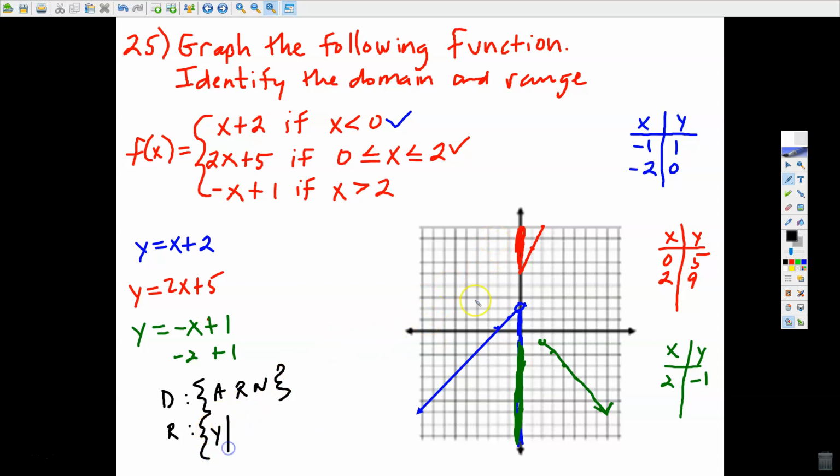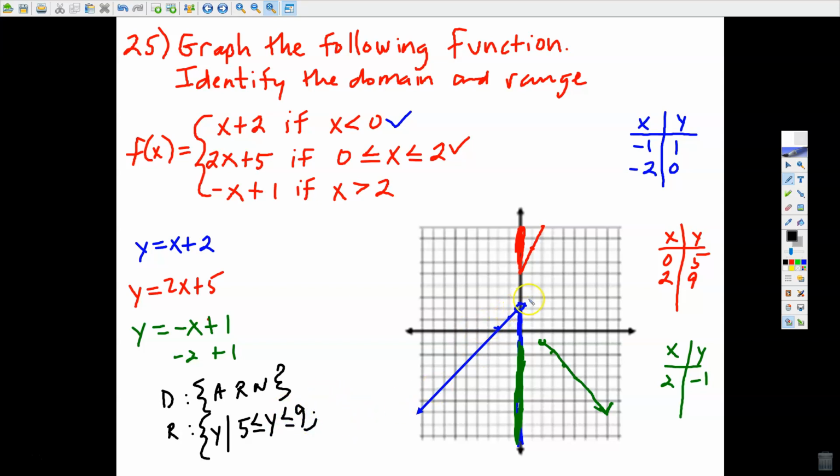all y such that I only have these y's, between 5 and 9. The way I show between 5 and 9 is I put 5 is less than or equal to y, less than or equal to 9.